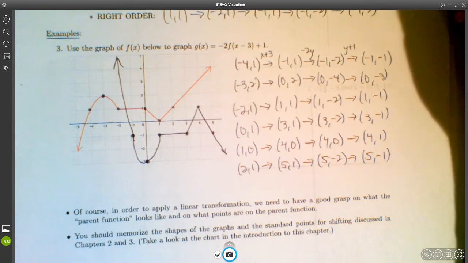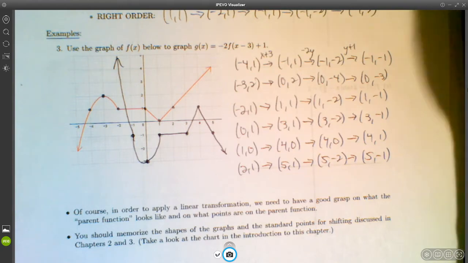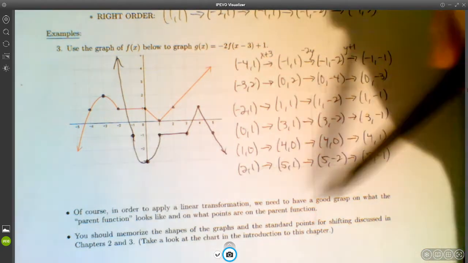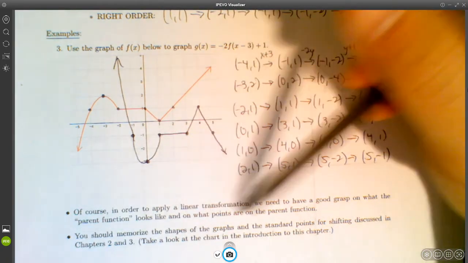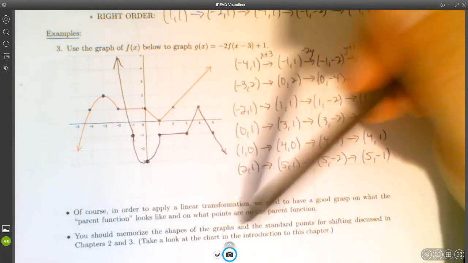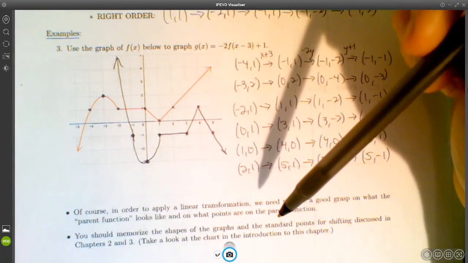Okay, so hopefully that makes sense to you. Of course, in order to be able to apply a transformation, we need to have a good grasp on what the parent function looks like and what points are on that parent function. So you should memorize the shapes of the graphs and the standard points for shifting discussed in chapters 2 and 3.